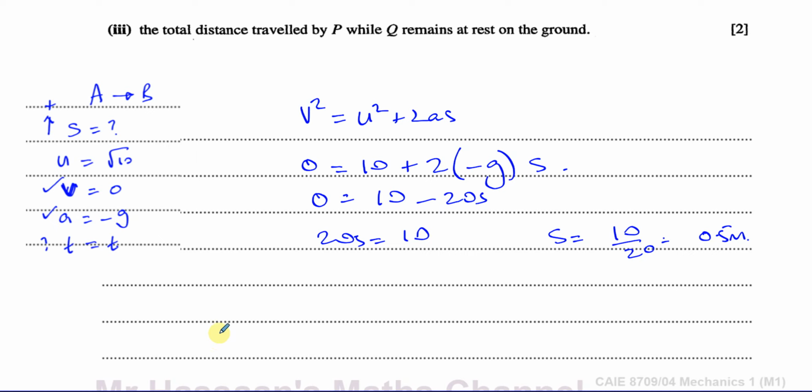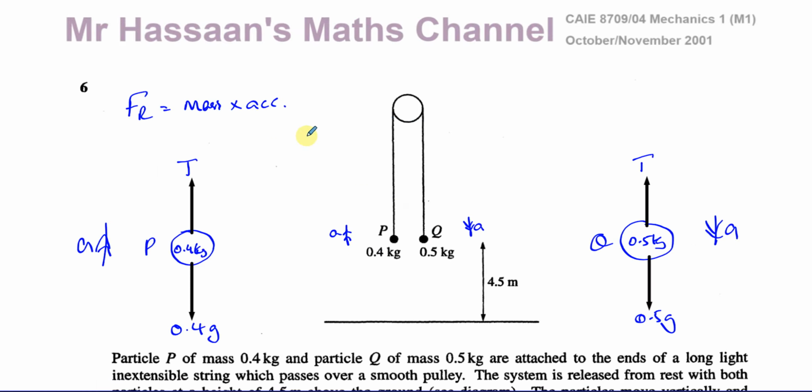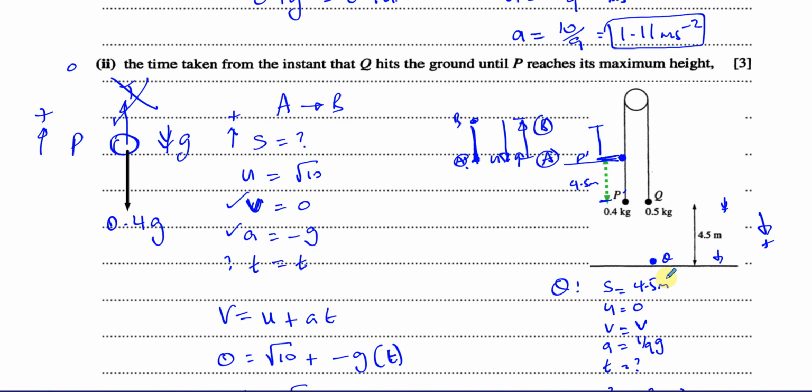So from A to B, if we go back here, A to B means from the point where the string became slack to the point where it reached its highest point, P reaches its highest point. So that's 0.5 meters, so it's gone 0.5 meters up, and then 0.5 meters down until it reaches this level again. Once it reaches this level, the string will become tight again, and Q will start to move.